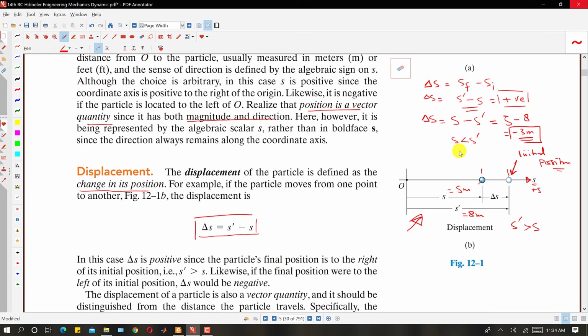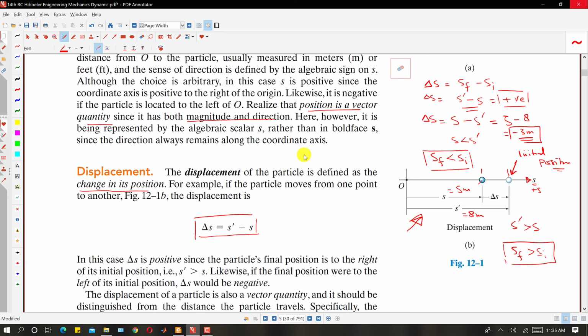So in this case the displacement is negative. When the final position is less than the initial position, the displacement will be negative. And if the final position is greater than the initial position, then the displacement will be positive.